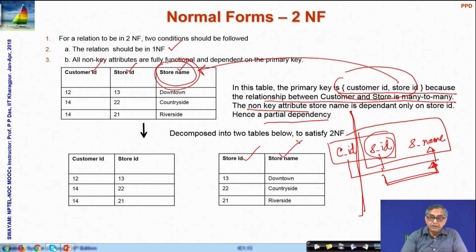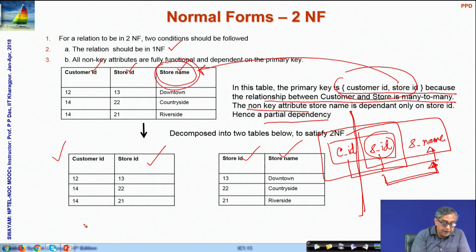So, we create one relation, and then the core relationship is between the customer and the store, which is the many to many relationship. So, that has to be expressed in the other table. Now we can see that in this table I have CID and SID being the key.